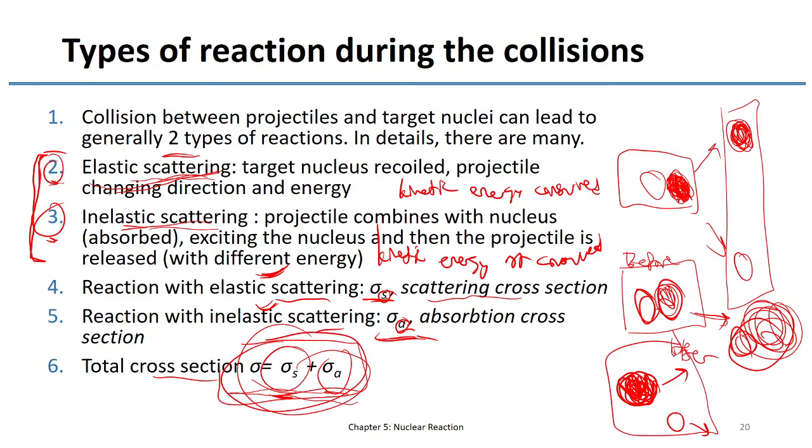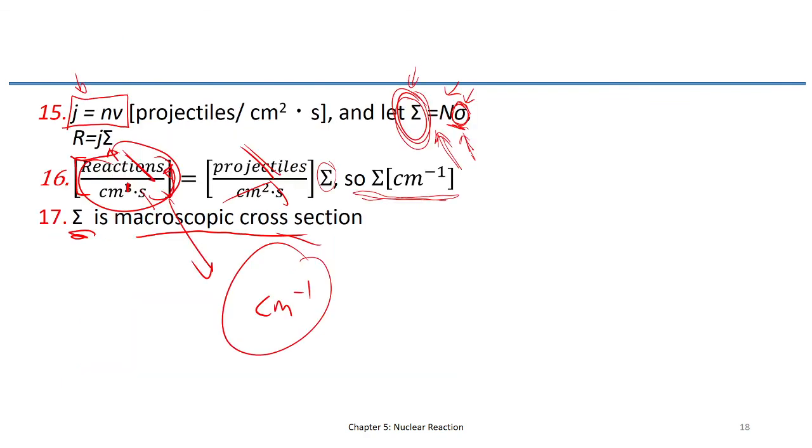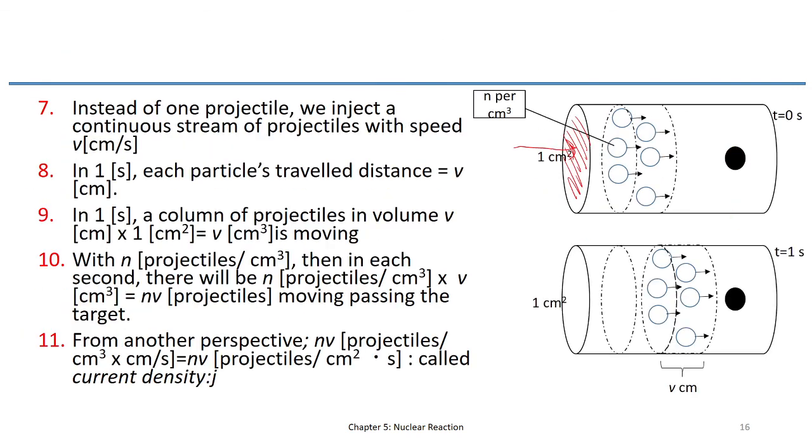It is just a comparison of neutrons in the research reactor and the cross section. For the total cross section, we should consider all types of interaction. Doesn't matter if it's a stream of projectiles or projectiles moving randomly in all directions, at the end the reaction rate is the flux times the macroscopic cross section, and for a stream of projectiles, it is the current density multiplied with the macroscopic cross section.